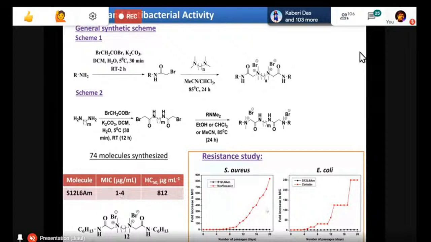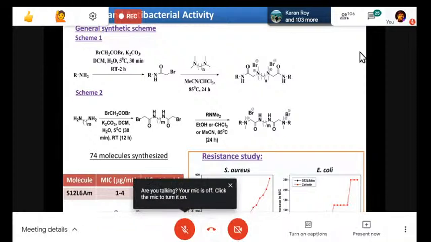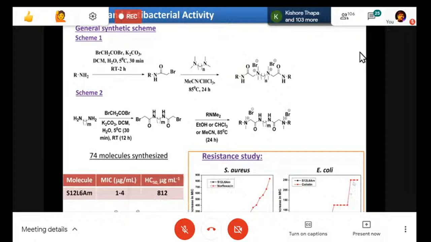So this is the minimum concentration that is required to inhibit the growth of microorganisms or bacteria. Also, we showed that with repeated exposure at the sub-MIC level, our antimicrobial agents do not allow the bacteria to develop resistance. On the other hand, commonly used antibiotics like norfloxacin or colistin were shown to develop resistance very fast, in fact after just a few passages.